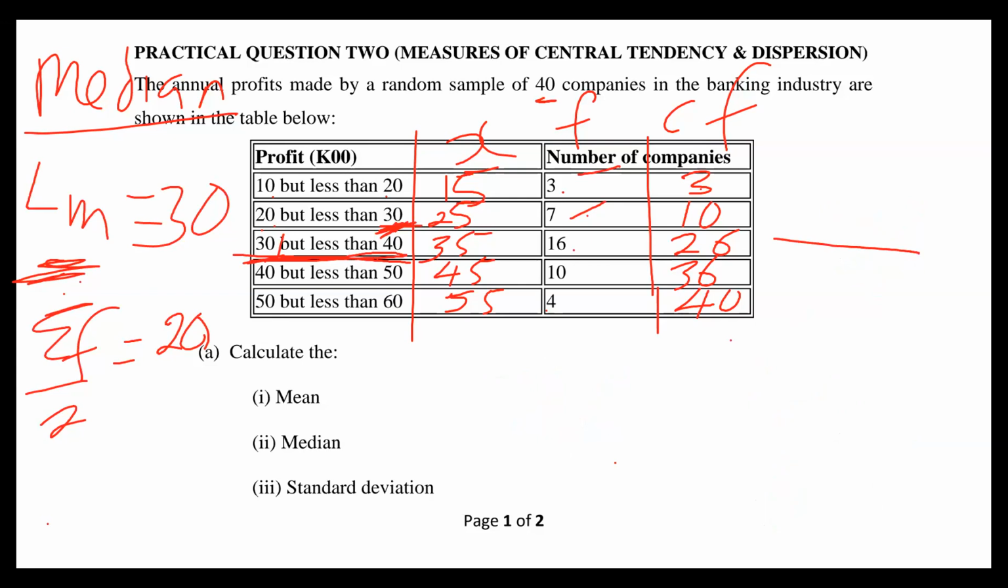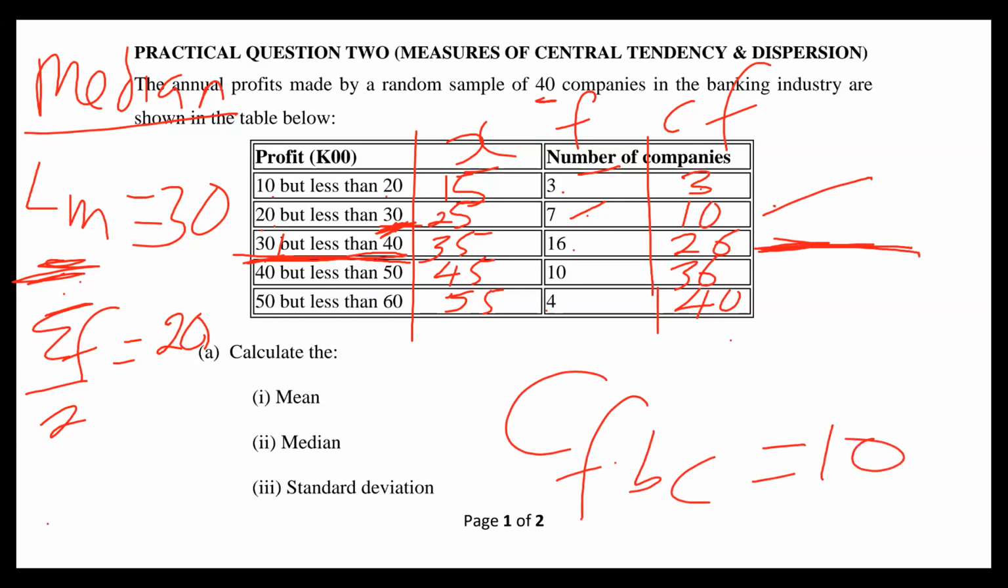So what is the cumulative frequency before the median class? It is 10, isn't it? The cumulative frequency before the median class, the CF, is equal to 10. Are people following?